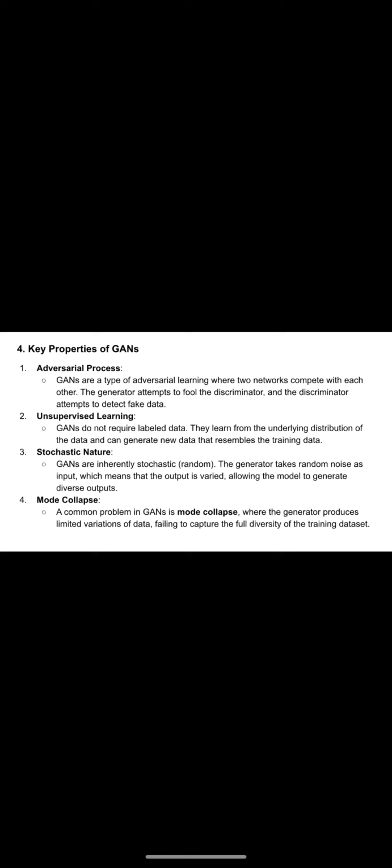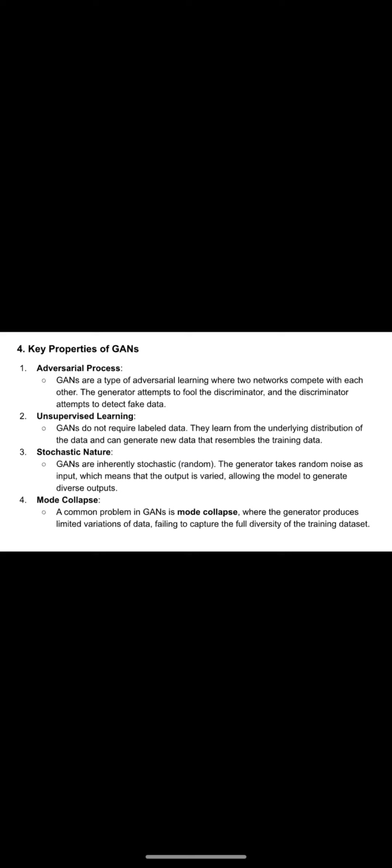Third one is stochastic nature. GANs are inherently stochastic, that means random.